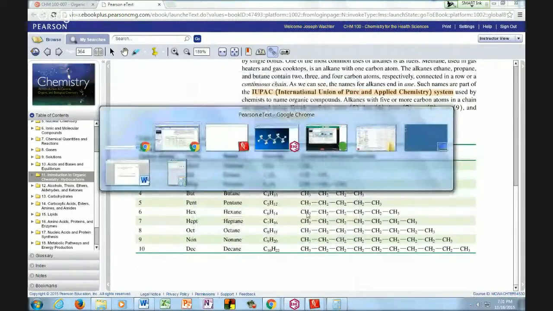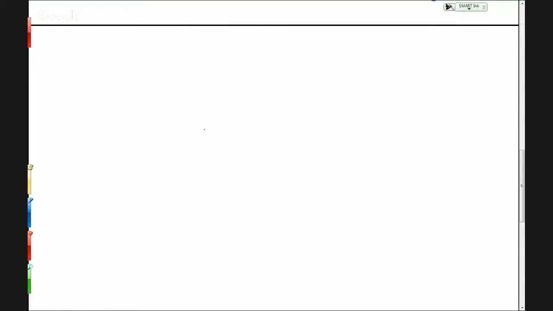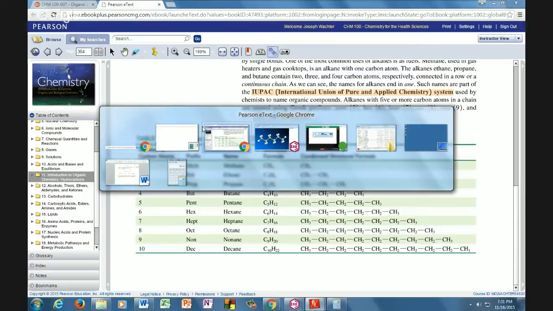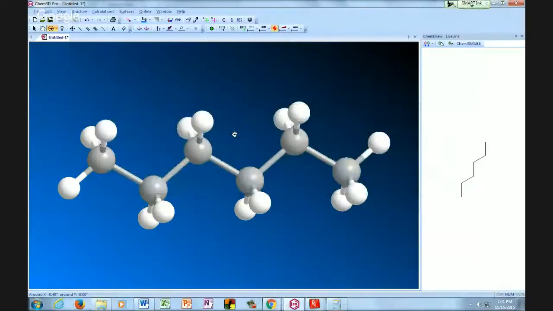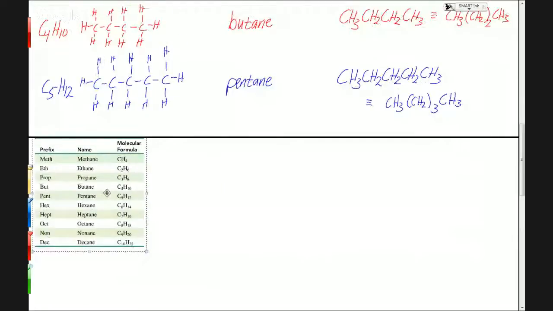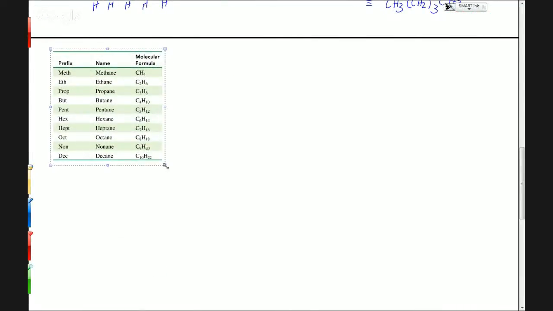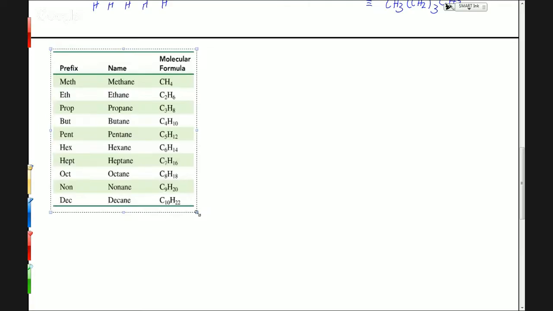So again, you know those structures. We don't need those structures, but it probably would be helpful to have this kind of a table, so that you know the first 10 or so of these.